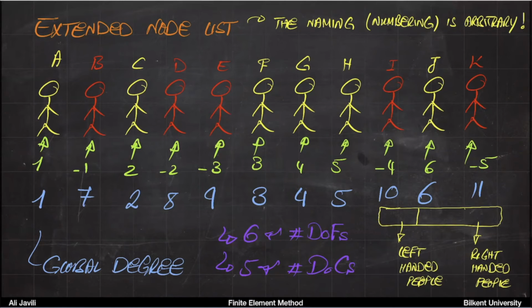So what I'm trying to say is that in a finite element problem, you would have this type of scenario. You have a bunch of nodes that have names or numbers, and each node knows if it is Dirichlet or Neumann. In this case, it would mean if it is right-handed or left-handed, respectively. But what we want to do now is exactly that.